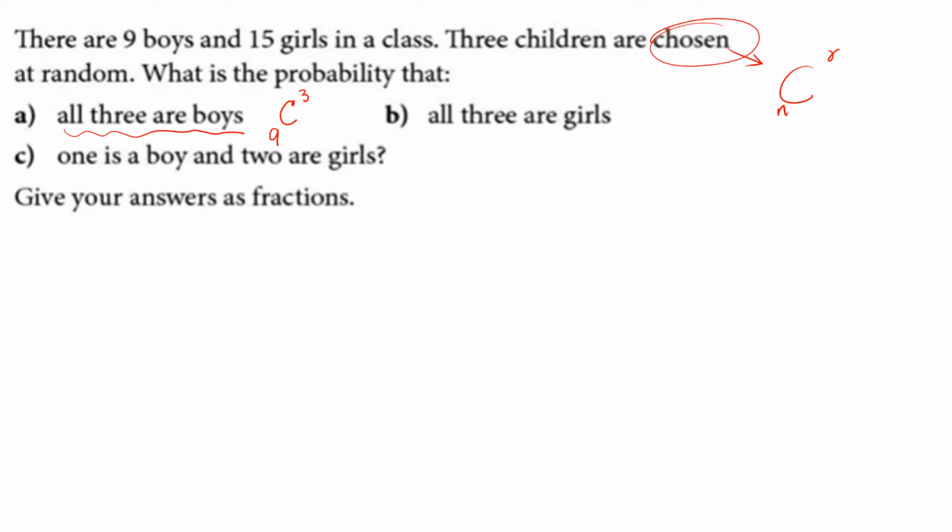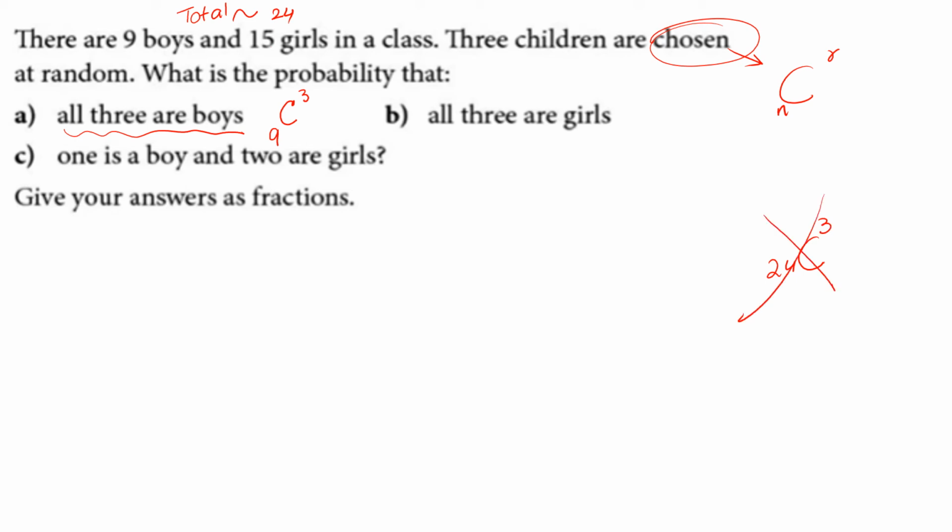Please, the students, what kind of mistake do they make? They say that the total students right now are 15 plus 9, that is, total students are 24. So the mistake that students normally make is 24C3, and that is wrong.